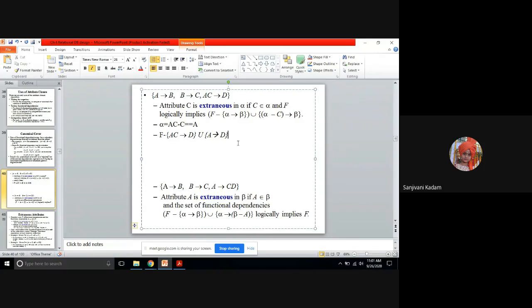So if we removed this functional dependency and instead only this functional dependency is added, then F is nothing but this set.